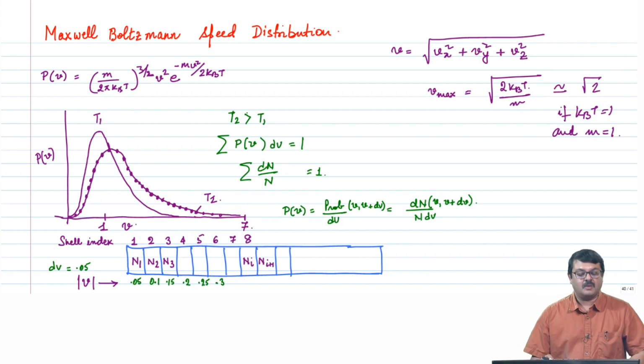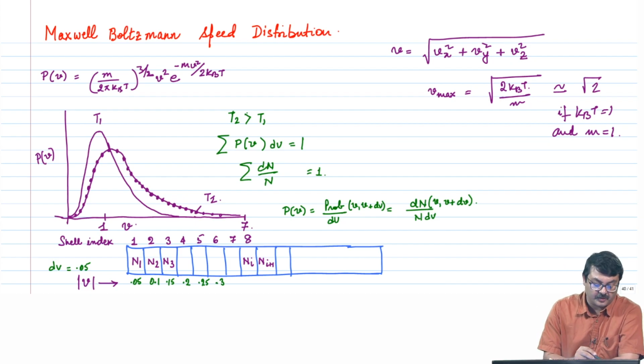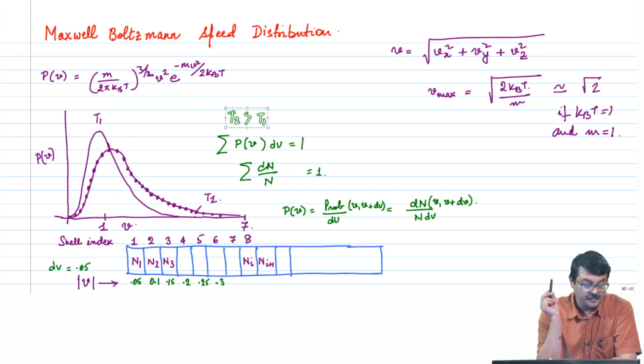Now, if the temperature changed, if the temperature became less, then the peak will also shift, so you will get a different Maxwell-Boltzmann distribution. Here, this data is for temperature T1, the one with dots, and this one is with temperature T2, where T2 is greater than T1.